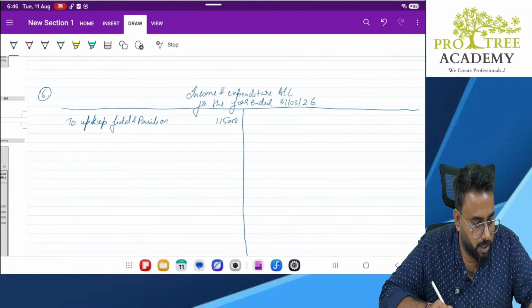Tournament expenditure. First, read the question whether there is anything regarding tournament expenditure.